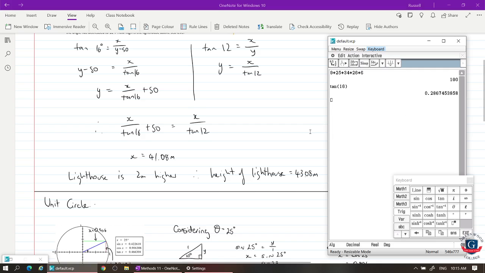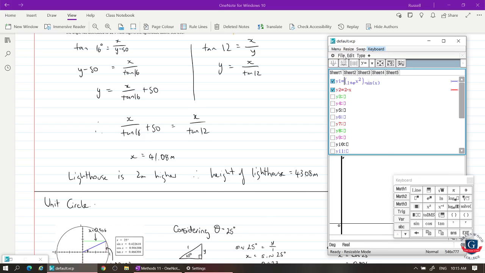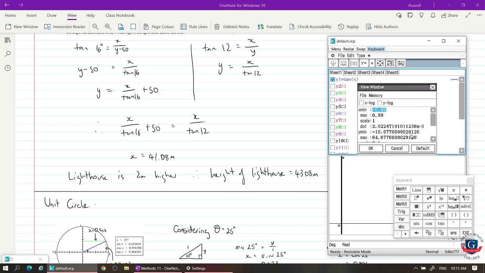One, we can see it on a tan curve, which I suppose I can bring up. Y equals tan x, and if I graph that, that should be okay.